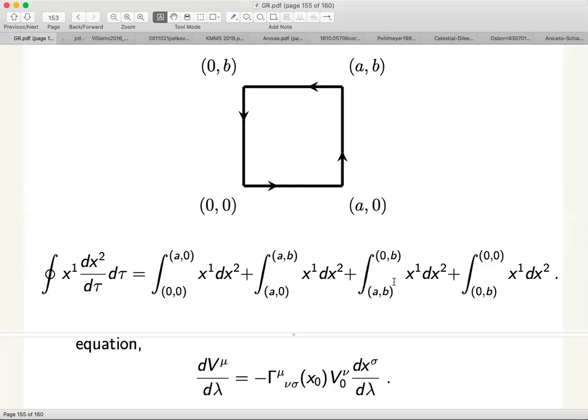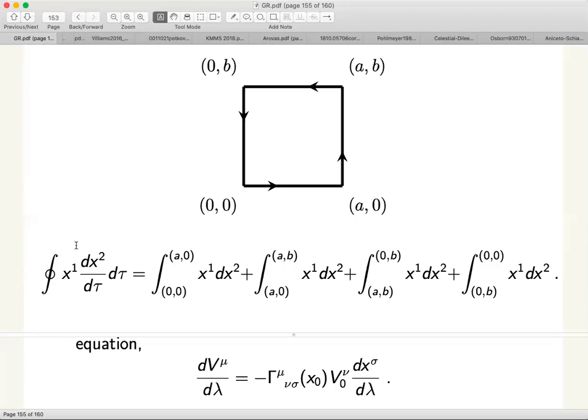In fact the fourth term also is not going to contribute, because although x2 varies from b to 0, x1 is 0 all along the curve. If x1 is 0 all along the curve, then this integral is just 0. So the first, third and fourth pieces all just vanish.